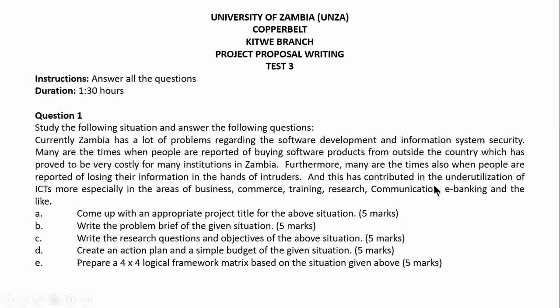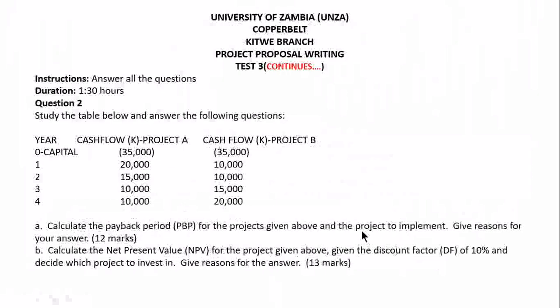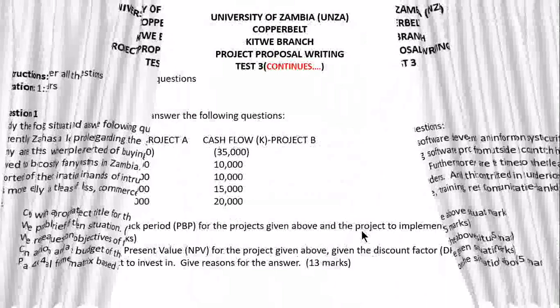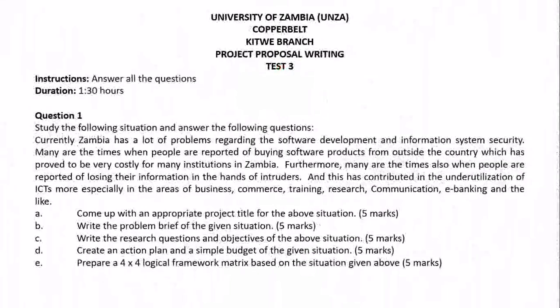This has contributed to the underutilization of ICTs, more especially in the areas of business, commerce, training, research, communication, e-banking, and the like. So after this scenario, you must be able to answer these questions below. Come up with an appropriate project title for the above situation.